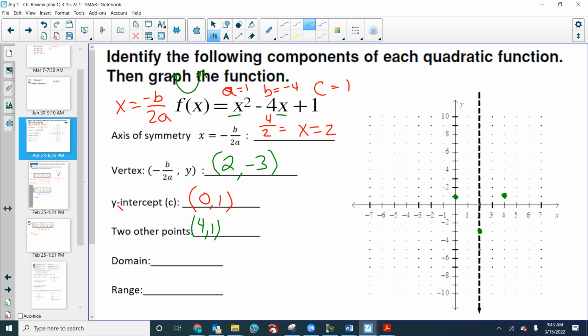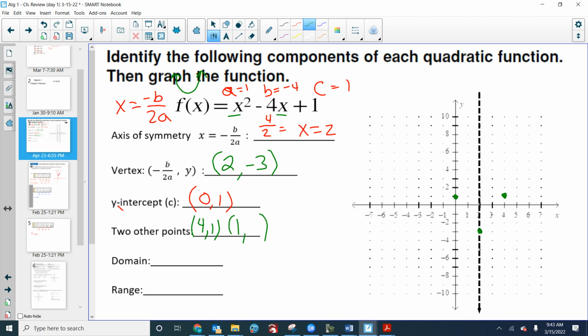So let's pick 1. Put 1 back in the equation. Everybody do that. Put it in your calculator. What's that? Do you guys agree it's -2?